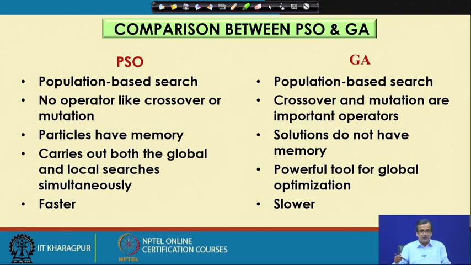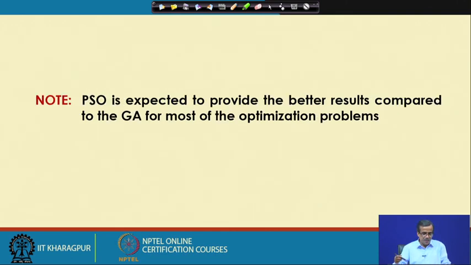Now, we have solved a number of optimization problems using both PSO and the genetic algorithm, and based on that experience we can say that PSO is expected to provide better results compared to GA in most of the optimization problems, and that is why PSO is becoming more popular nowadays even compared to the genetic algorithm.